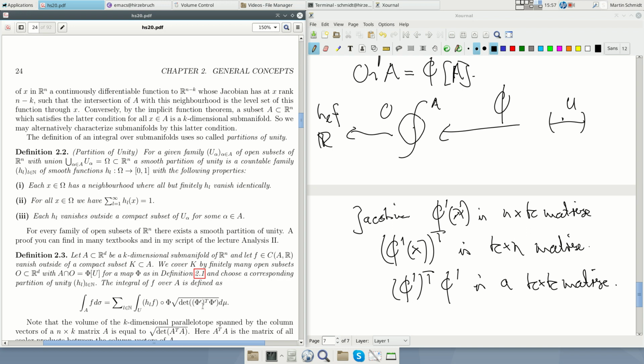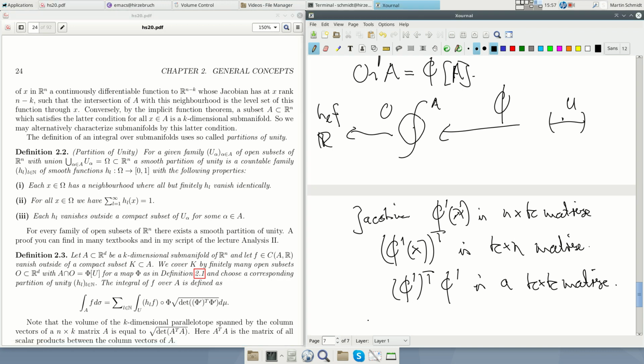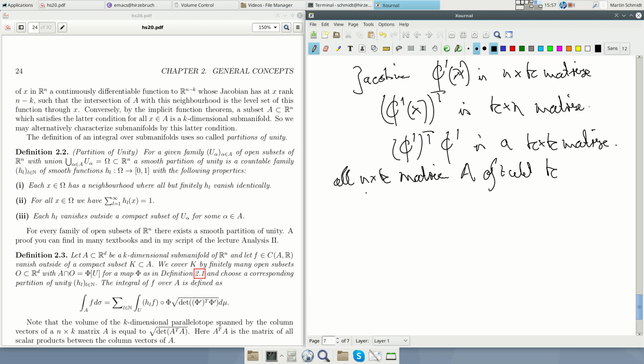Also, whenever we have a matrix, sorry, maybe we should say what kind of matrices: all n times k matrices A of rank k, A transposed times A is a symmetric form, is positive definite.